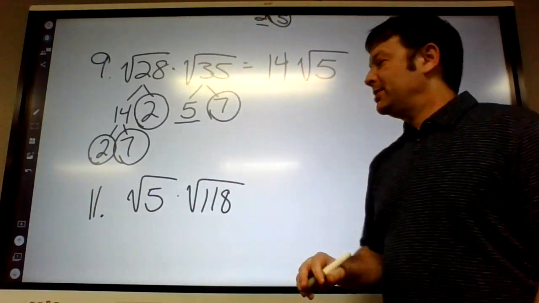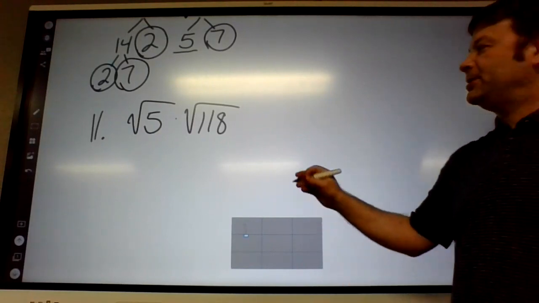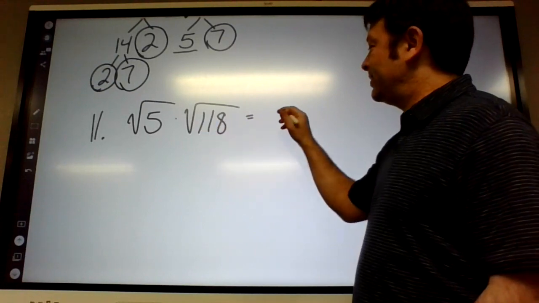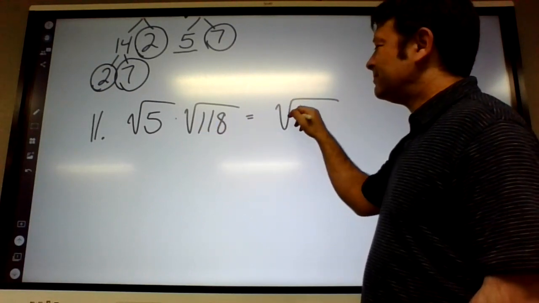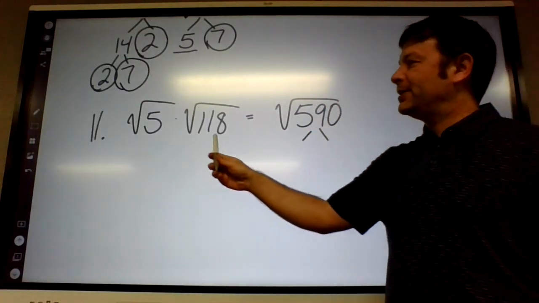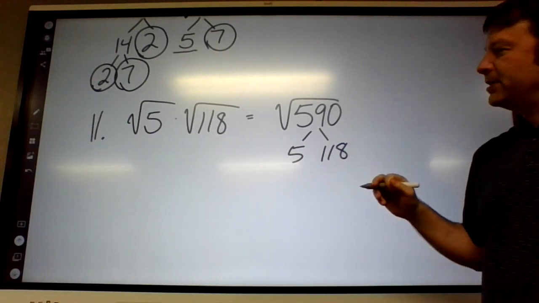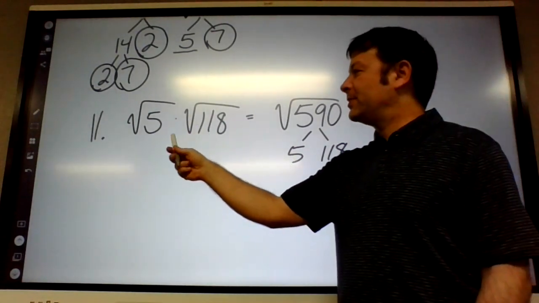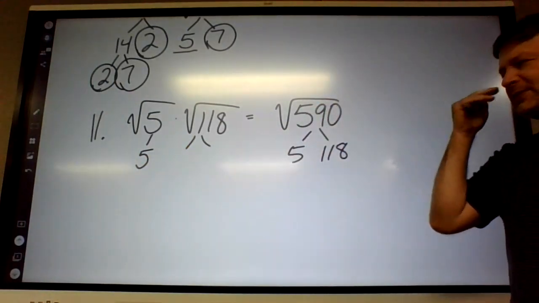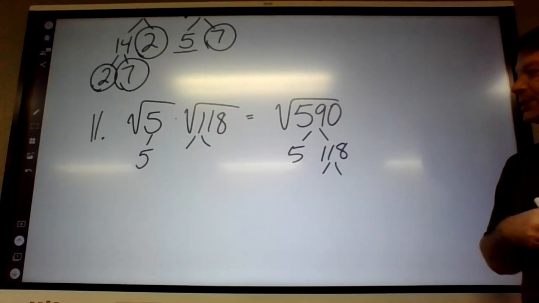Okay, it's kind of same deal on this one. I probably wouldn't multiply those together. I mean, you could, and you get like, what is it, 590, I think. But guess what goes into 590? 5 and 118. So, anyways, I would probably just start over here. Hannah, what do you think could go into 118?